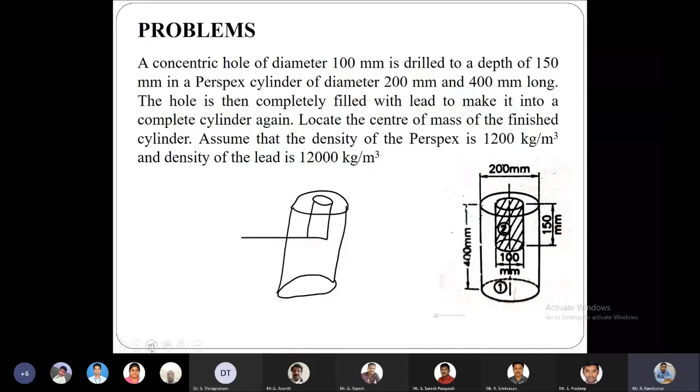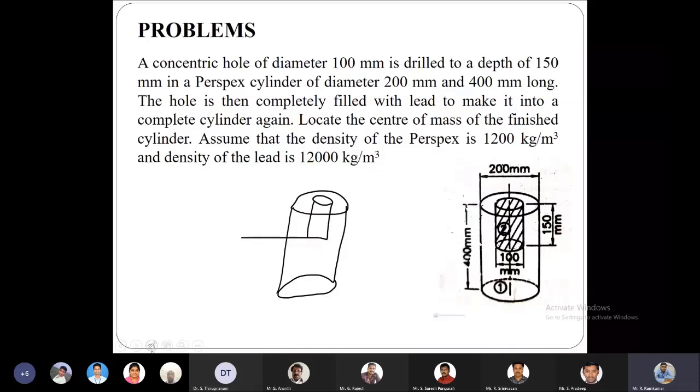In this case, the densities are also different, so the formula gets slightly changed as x bar equal to rho 1 v1 x1. This rho 1 v1 x1 denotes the perspex cylinder which is unmachined. That is, the regular cylinder without machining is rho 1 v1 x1. Next we have made some drill, a drilled one, so that we are removing some material from there.